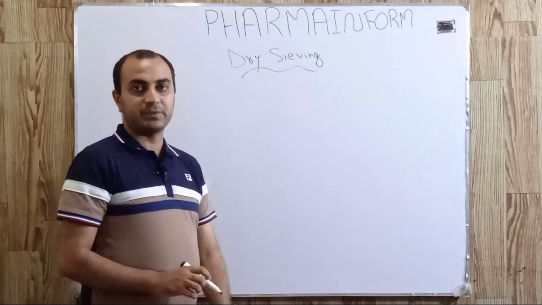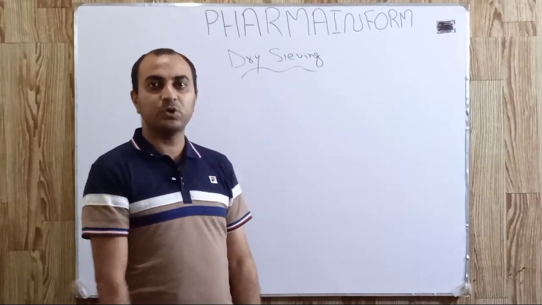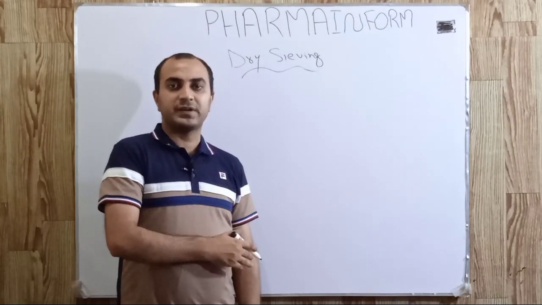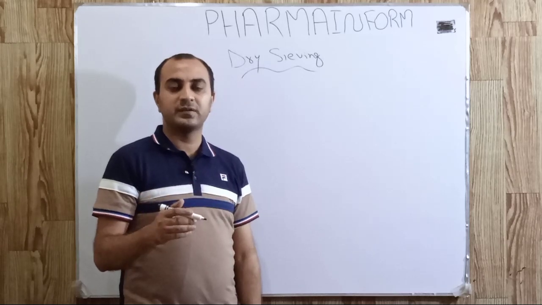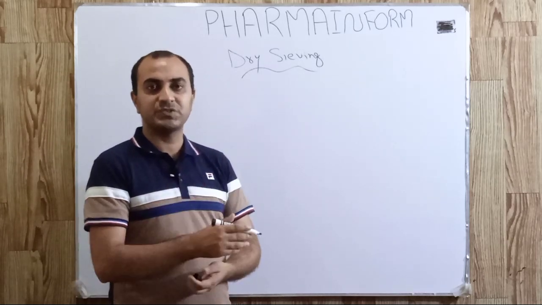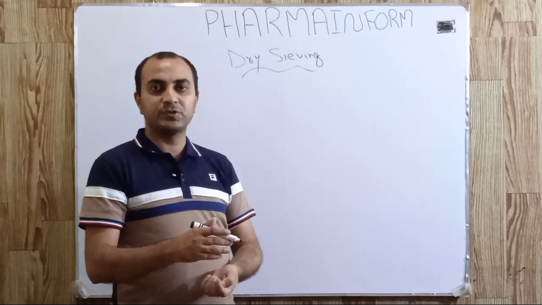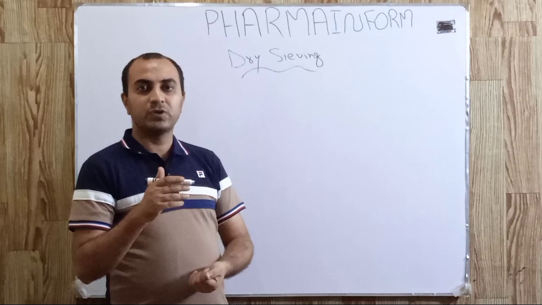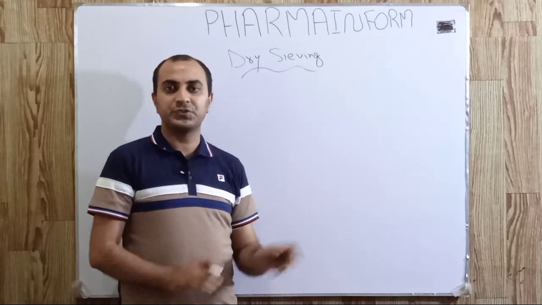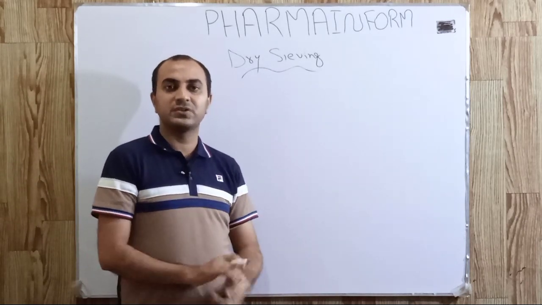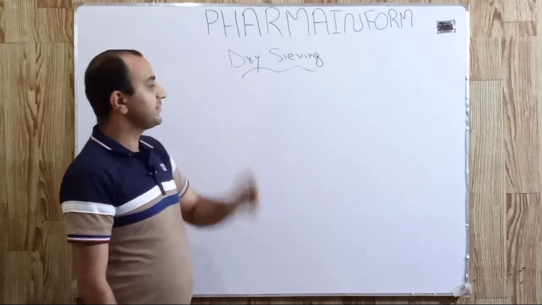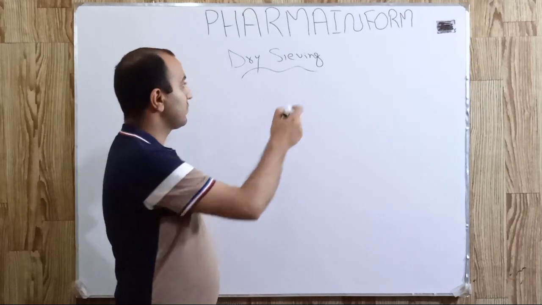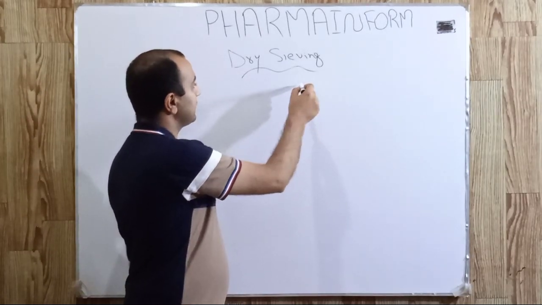dry sieving step. In this video we will learn how we know which mesh number is used for a specific product, how the flow of product is dependent on the dry sieving step, and how disintegration is dependent on dry sieving.